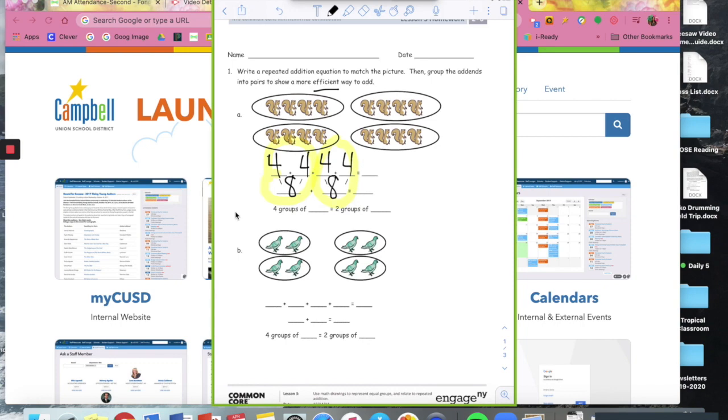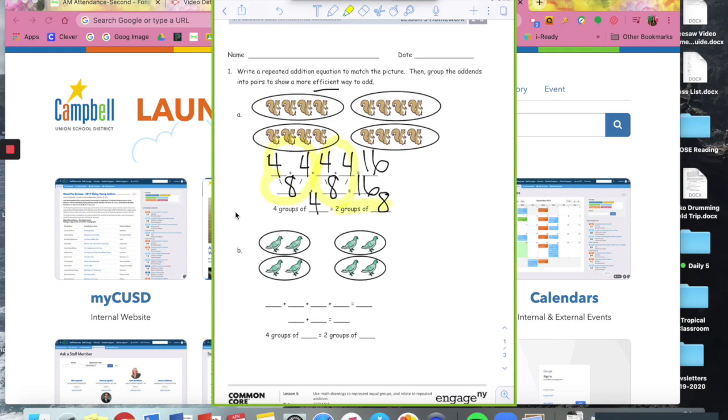And then 4 plus 4 plus 4 plus 4 was 16. And then 8 plus 8 is 16 because that's my doubles. So now you need to go back to the groups on top, 4 groups of 4 or 2 groups of 8, okay? So right here is where you need to combine those doubles, which is right here, okay?